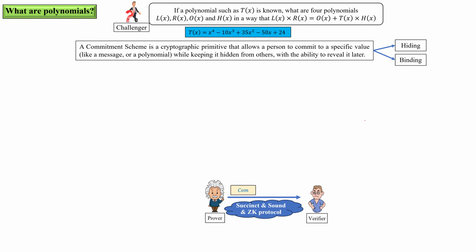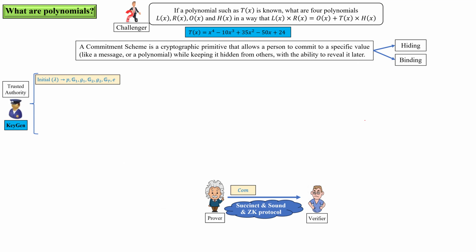The prover just sends the commit of the polynomial to the verifier. Okay, so let's see how our commitment scheme works. There are many different commitment scheme solutions, but in this specific commitment scheme, we need a trusted authority that needs to do some computation.